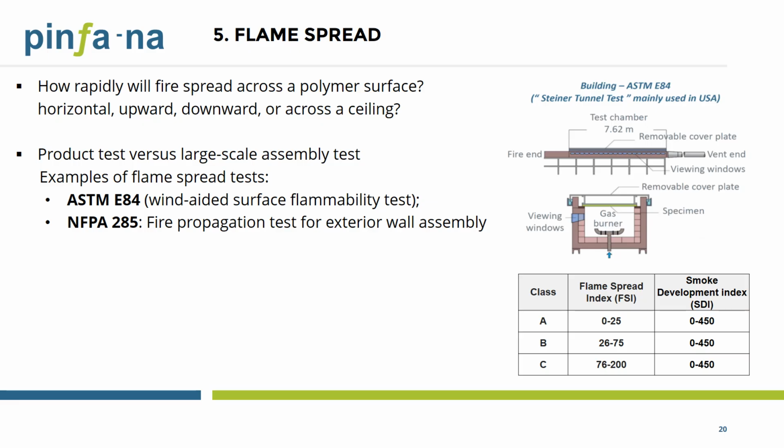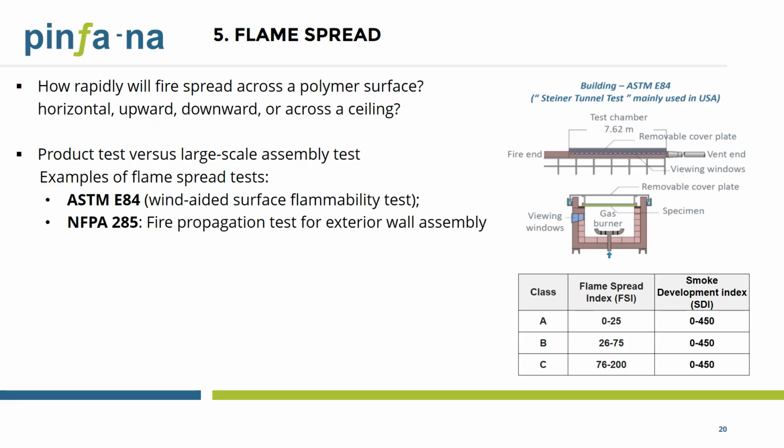We'll spend a little more time introducing the ASTM E84 test here, which is also called the Steiner Tunnel test, since it's the most popular test for building applications in North America. It measures the relative surface burning behavior of a building component, such as wall cover or ceiling cover, instead of a whole assembly. It is often referenced in building codes, such as the International Building Code (IBC), with a Class A, B, or C rating for flammability requirements of the interior finish of the building.